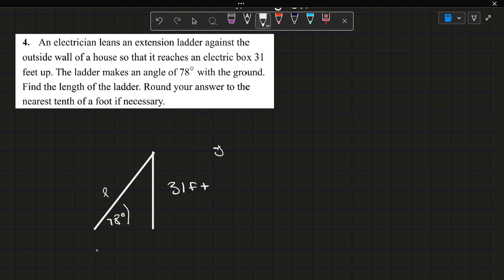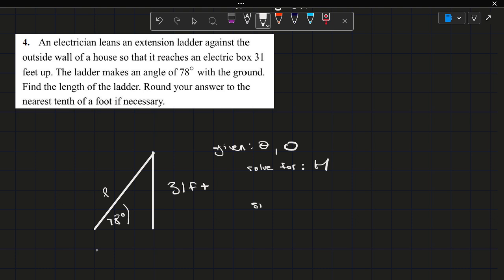So we're given theta and the opposite side. And so now we're going to solve for the hypotenuse. And we're just working this another one again with sine.